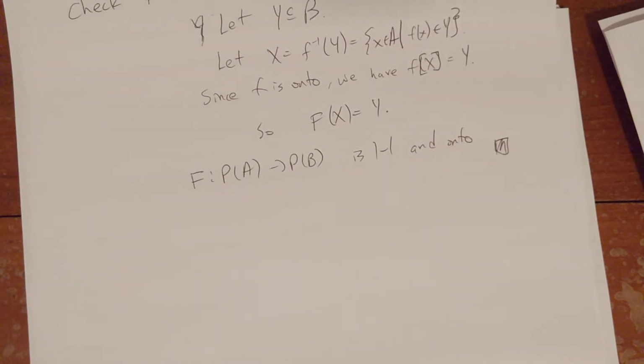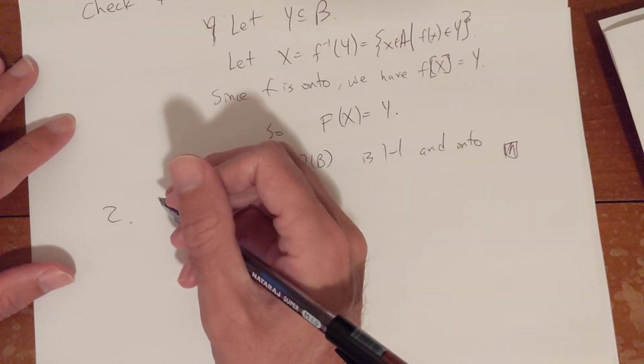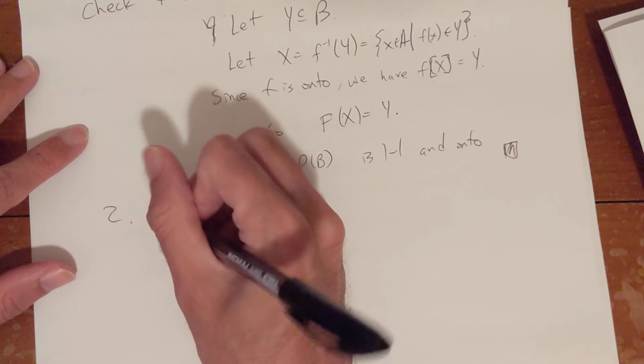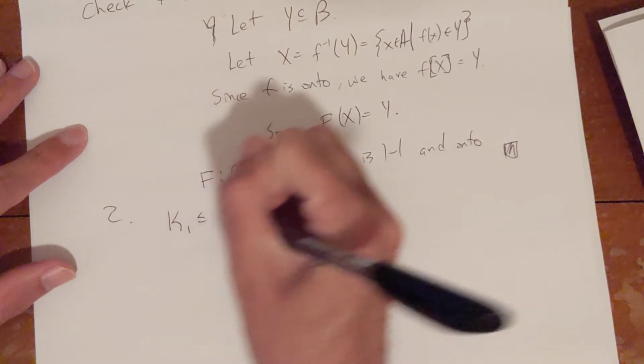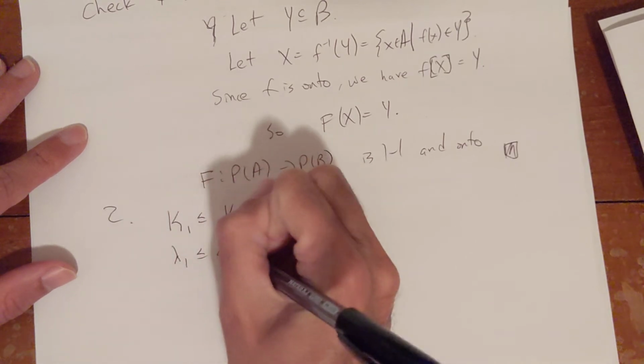And then the second question is an inequality. So let's write down our given information. I have kappa 1 less than or equal to kappa 2, lambda 1 less than or equal to lambda 2.